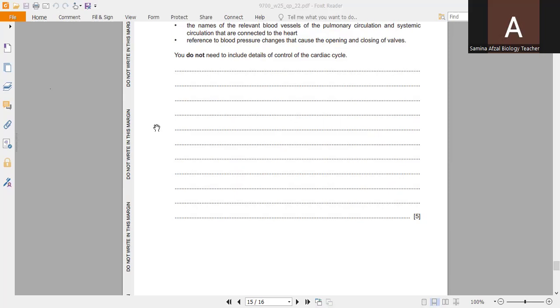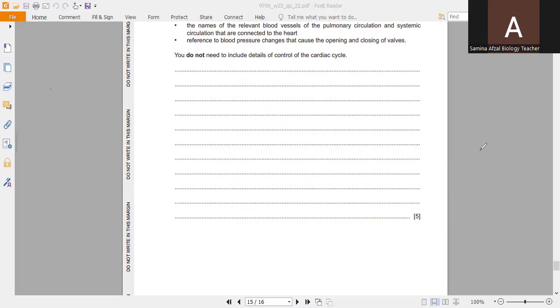You know that the blood which is coming back from the body, which is deoxygenated blood, enters only into the right atrium. From the right atrium, it enters into the right ventricle, and from the right ventricle, it enters into the lungs via the pulmonary artery.